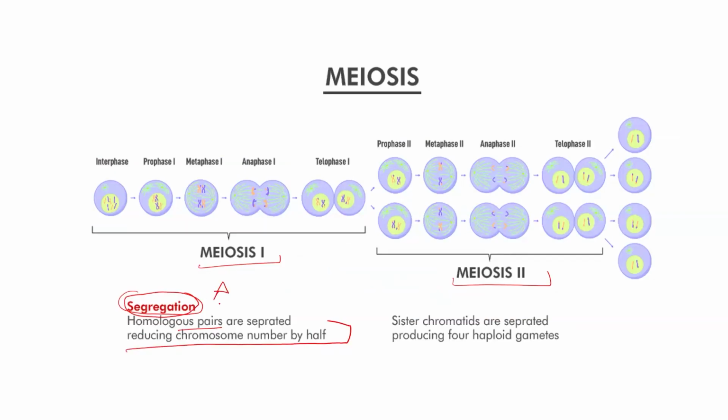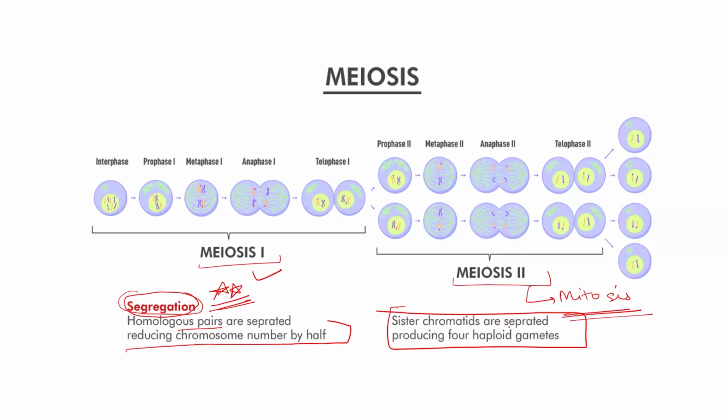So the chromosomal reduction happens in meiosis 1, while meiosis 2 is similar to mitosis, where sister chromatid separation happens, resulting in 4 haploid gametes. In meiosis 1, there is the segregation of the chromosomes.